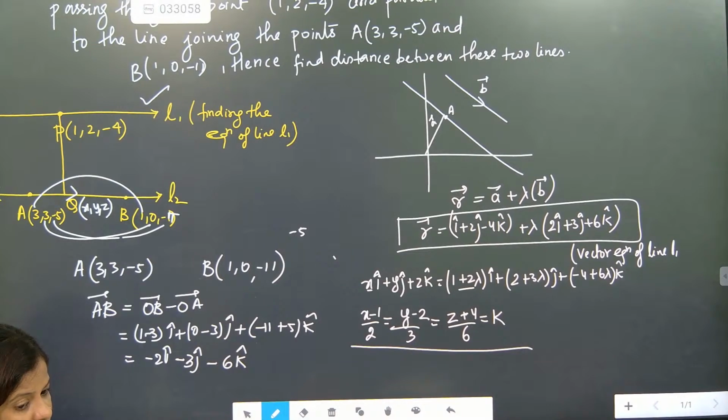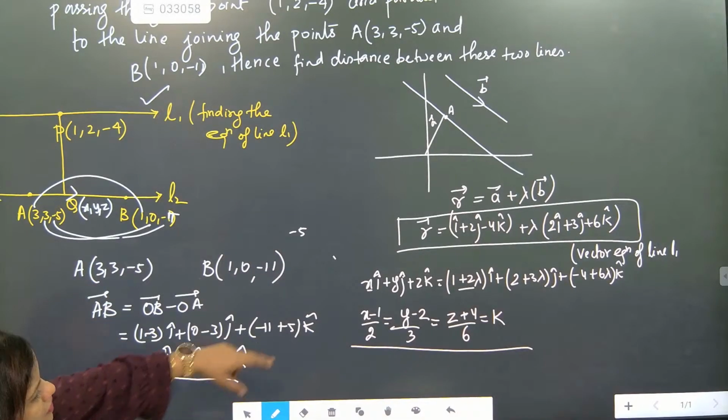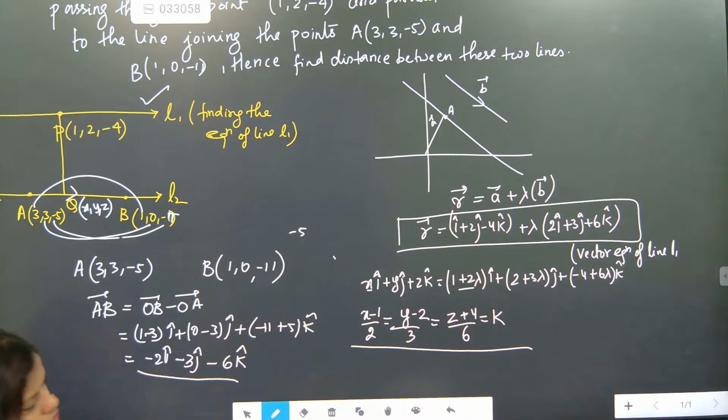Everything is going minus. Now you are understanding. Yes, that is the vector equation for 2 points. B minus A means AB is coming, so everything is coming negative. So my answer is correct there, 2, 3, 6.